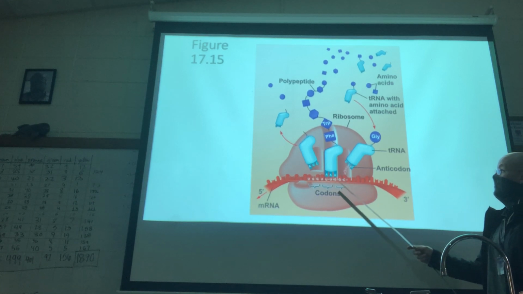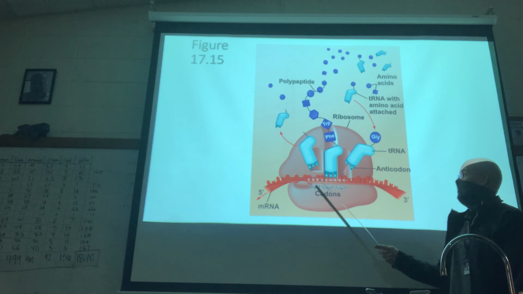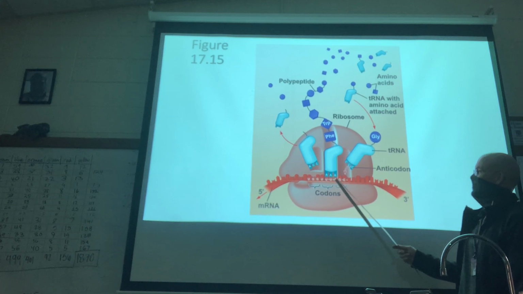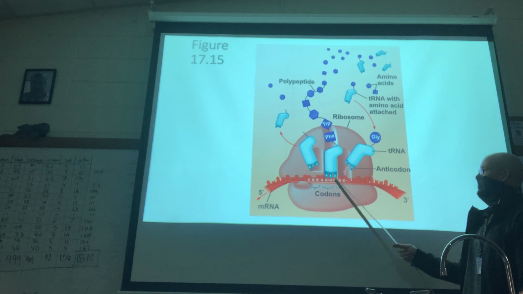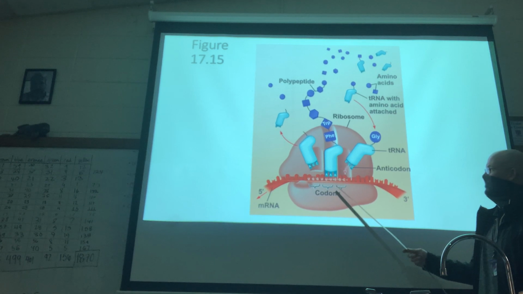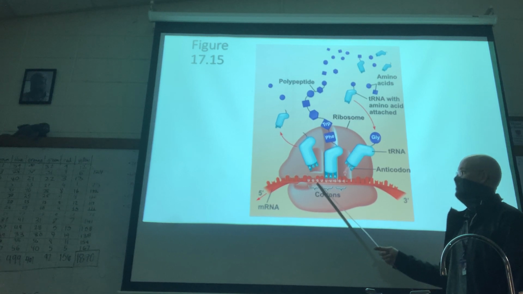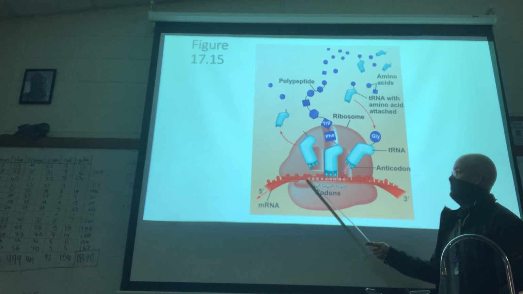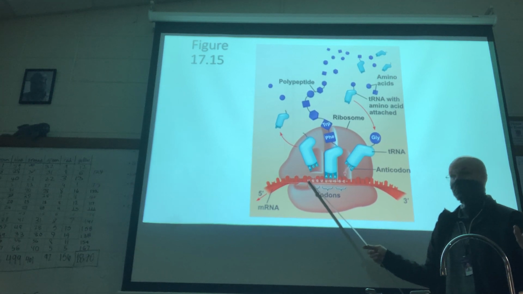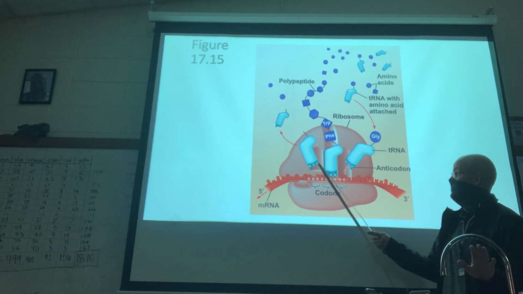So here we see an error. This is actually not accurate. But this is a good example. This UGG codon attracts a matching or complementary ACC.